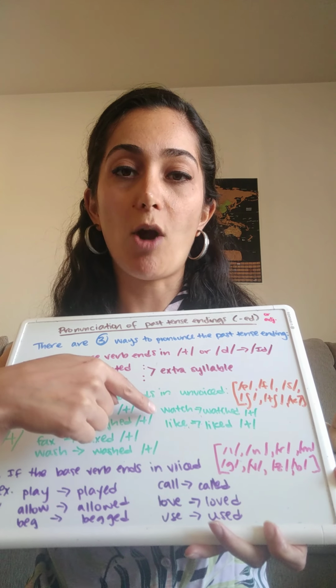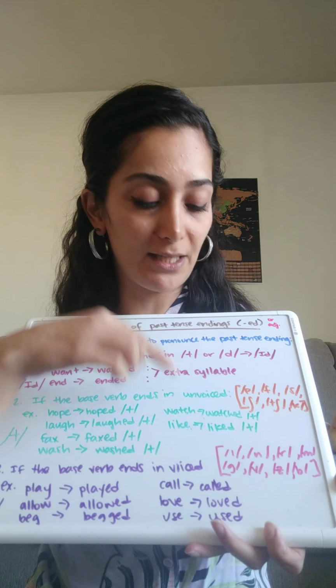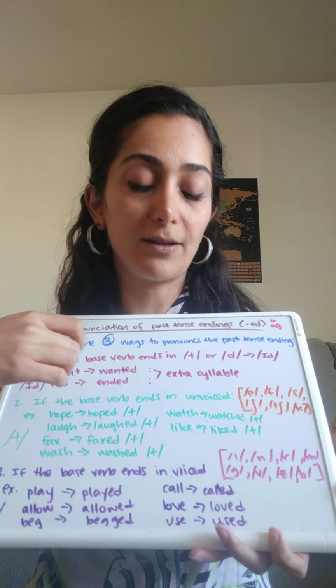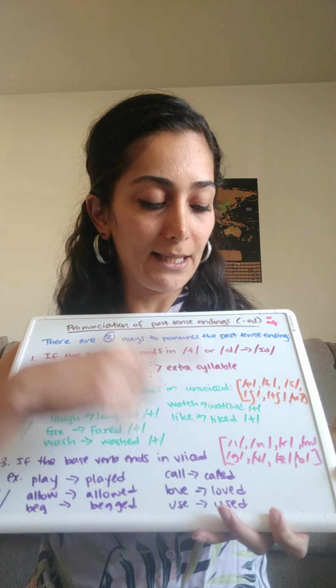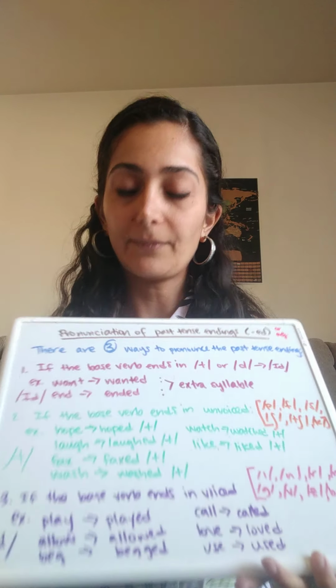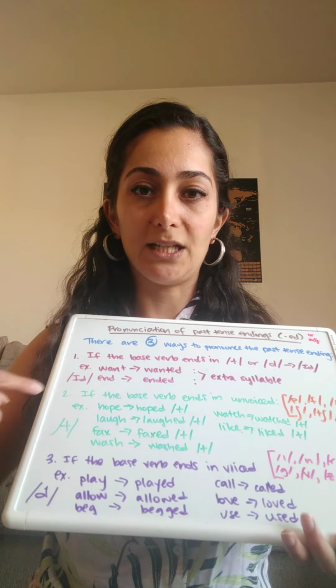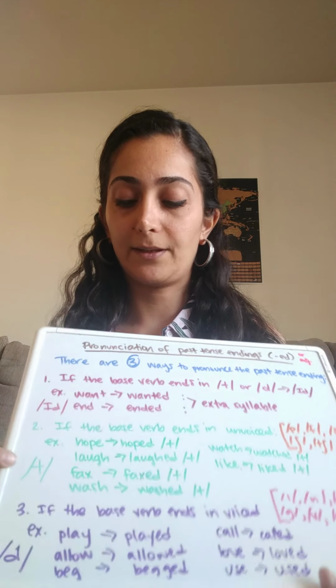Watch. Ch is also unvoiced. No vibrations in the vocal cords. So, watched. Like. K, unvoiced. Liked. Okay, so voiceless endings continue to be voiceless with the past tense ending.